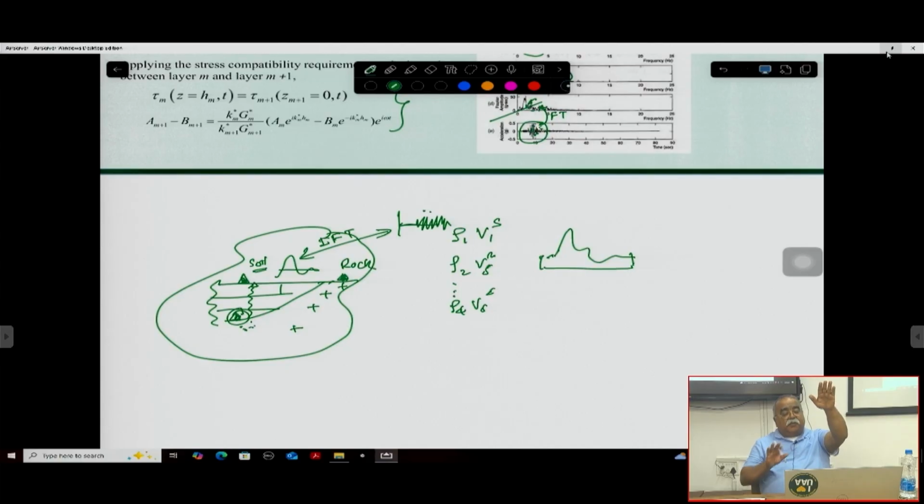If you multiply that transfer function with the Fourier transform data of the input, you can calculate the Fourier transform due to the soil layers, right? Then you convert that Fourier transform into the time domain and you get the time series data. Does it make sense?